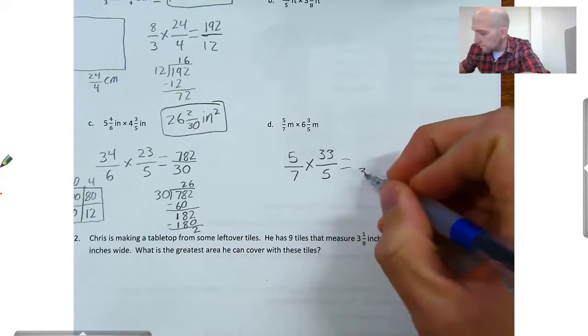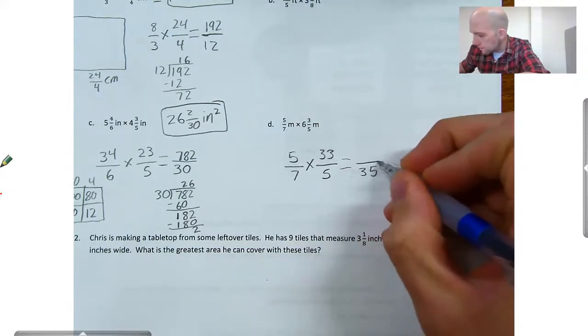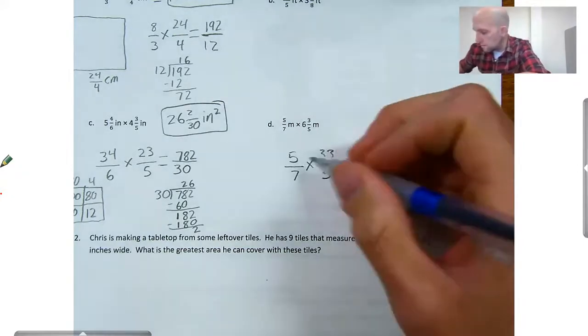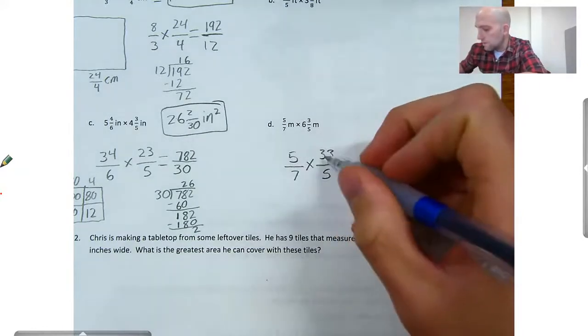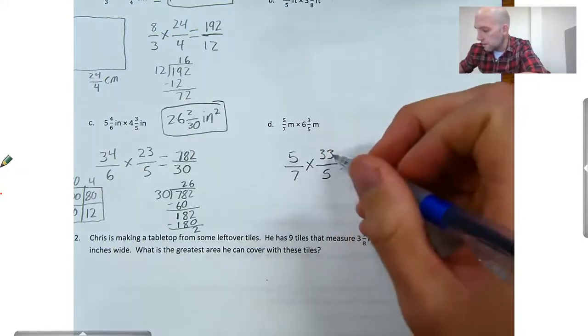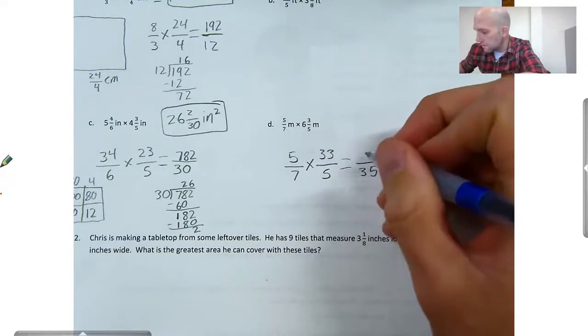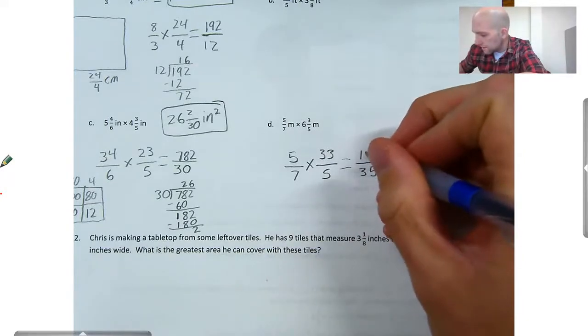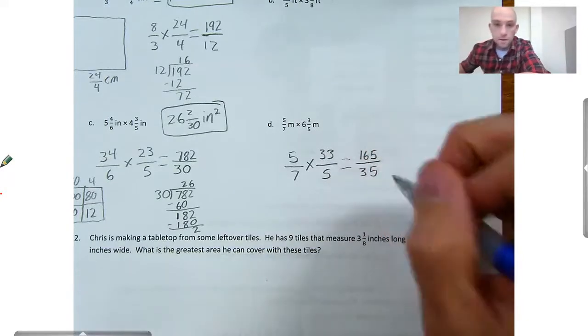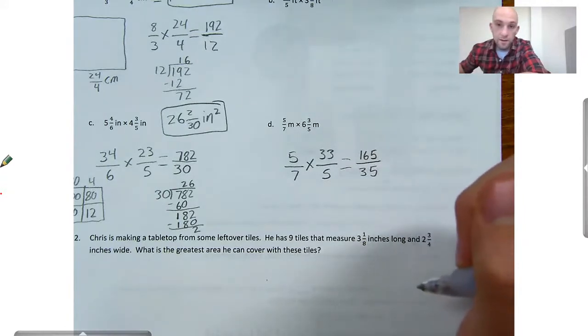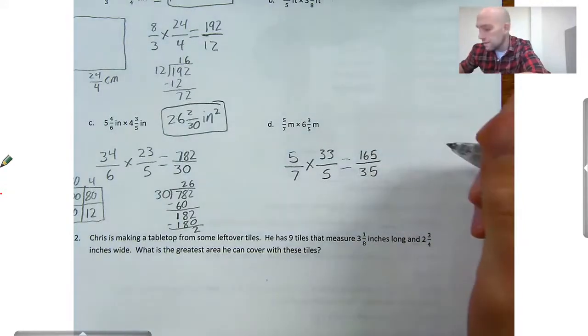And we'll have 35 on the bottom here. And 5 times 30 is 150, plus another 15, because 5 times 3 is 15. That'll give us 165. And we'll have 165 35ths.